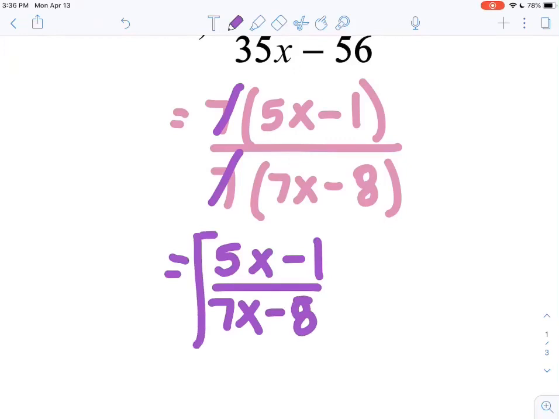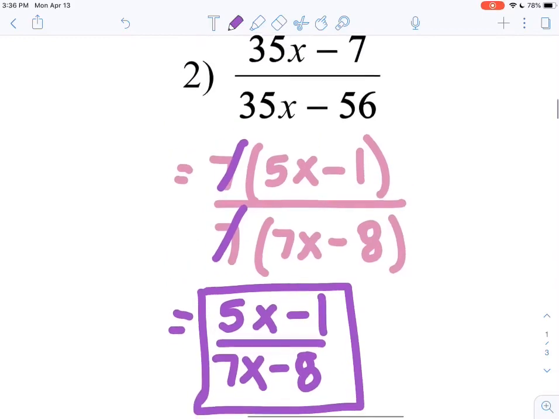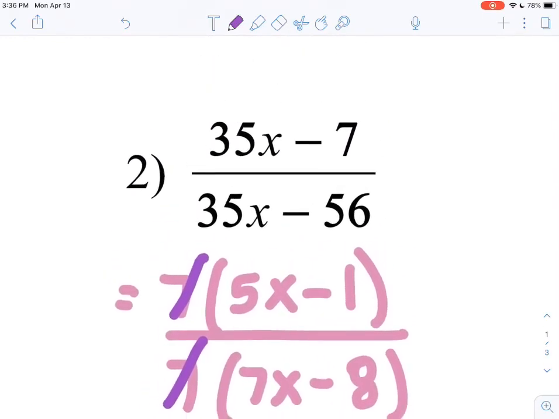Now you can only cross out terms or whole binomials or whole trinomials, but you can't cross out pieces of a binomial. So in this example, in number 2, I can't just cross out the 35x's and then say I have 7 over 56 left. It doesn't work like that because 35x is a part of a binomial.